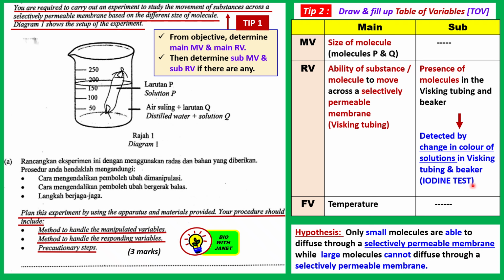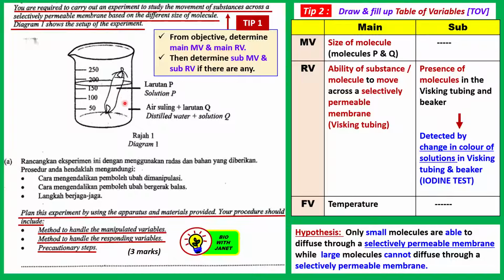So this is quite an ingenious experiment because we have placed iodine in the distilled water and starch inside the Visking tubing. If starch managed to diffuse through into the water here, the iodine solution will turn blue-black. And if iodine can diffuse through the Visking tubing, then the starch suspension in the Visking tubing will turn blue-black.